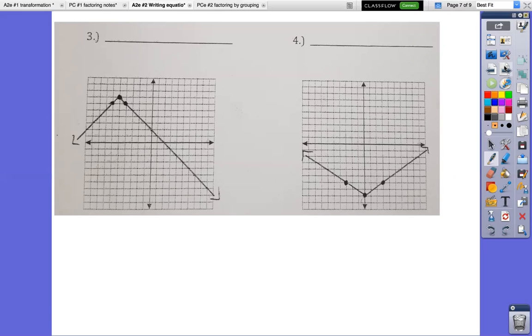About 1 more minute. Sometimes it gets really hard to give that wait time here. I know some of you guys need it, some don't.